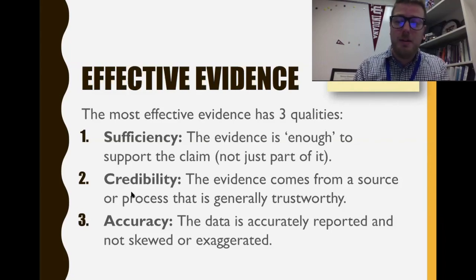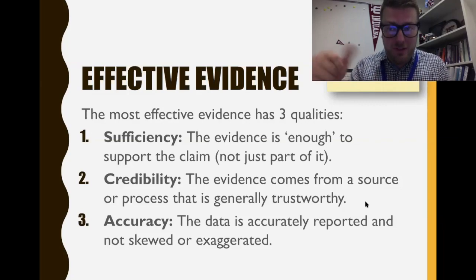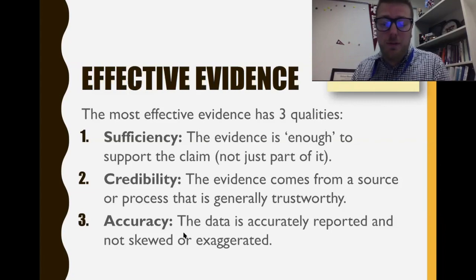So credibility. How do we determine credibility, right? The CRAP test is going to help you with that, because remember, you want your evidence to come from a source that is generally trustworthy. Also, you want accuracy. You want information that is not skewed or exaggerated. And it starts by really understanding that your source is credible, but also being able to look at, okay, is what my source is telling me here also lining up with what other sources are saying as well?